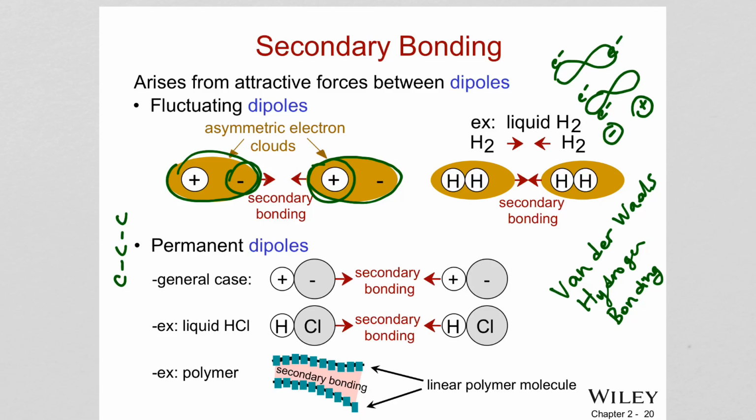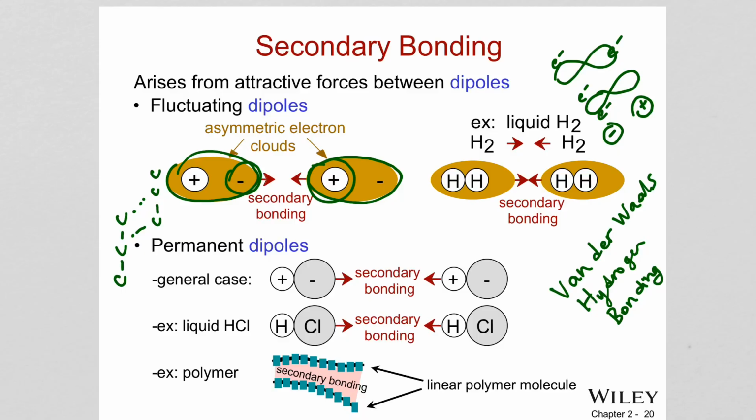Carbon-carbon bond is a very strong bond, but what happens here, in between these chains, we're going to later learn in more detail, there will be weak forces like van der Waals forces. That is the main reason why polymers have low melting point, although they have carbon-carbon strong bonding in their structure.